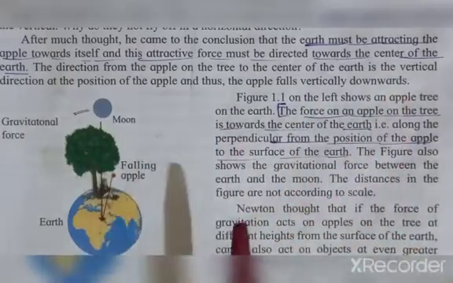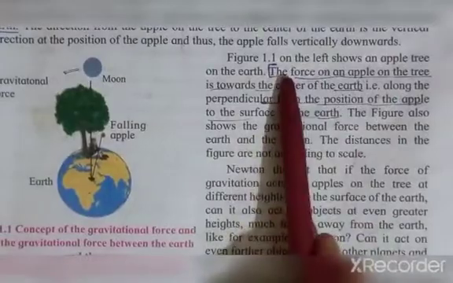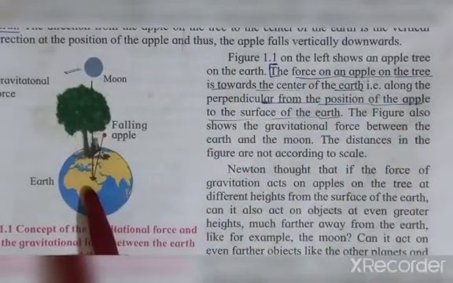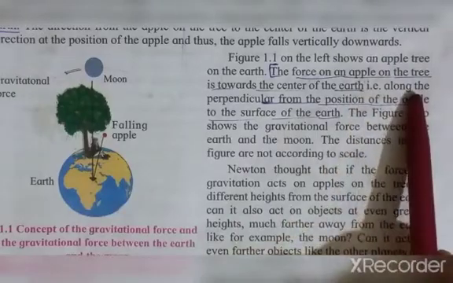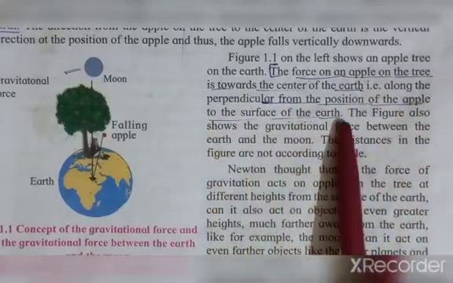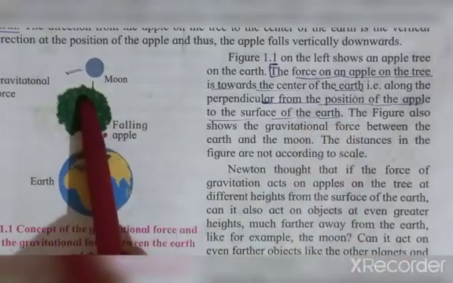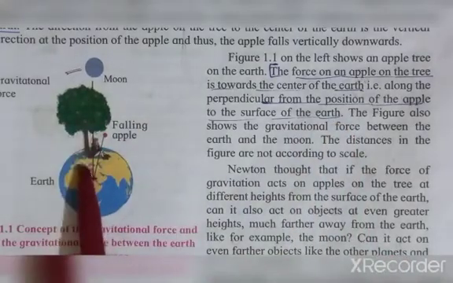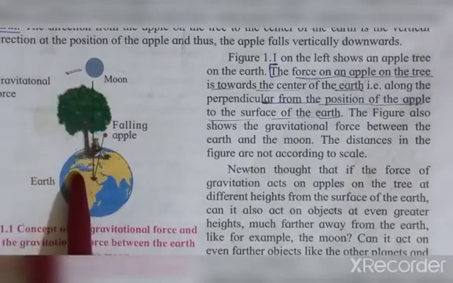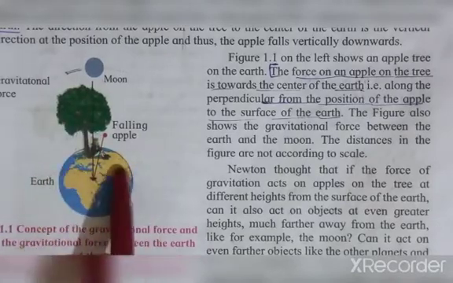Okay, now in this figure, students, you can see the force on an apple on the tree is towards center of the earth. Okay, and that is along the perpendicular from the position of the apple to the surface of the earth. म्हणजे apple is falling towards center of the earth, and this direction, that is vertically downward direction, is perpendicular to the earth.